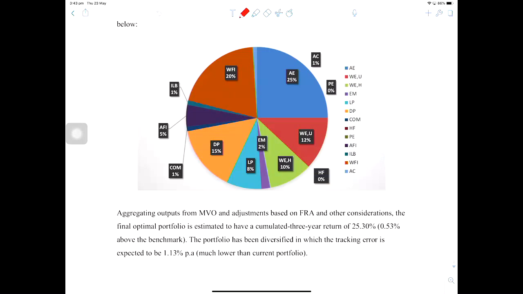Is it pass, credit, distinction, or high distinction? What do you think?